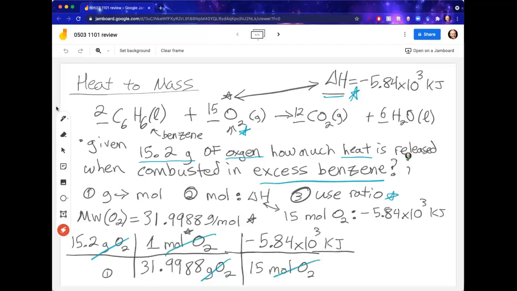I should have said that at the beginning, by the way, trying to calculate the heat in kilojoules. Now that we've got our unit into kilojoules, we just need to multiply everything together on the top and then divide by everything on the bottom. So take a moment now and try to crunch those numbers and throw your vote in the chat. I'm going to pause recording while we work these numbers out.